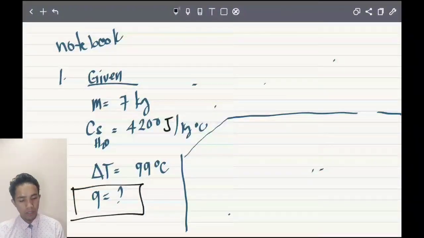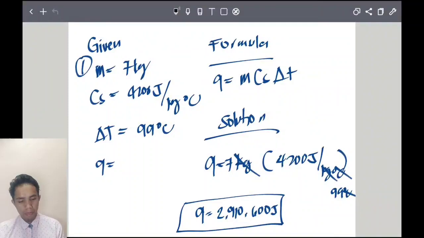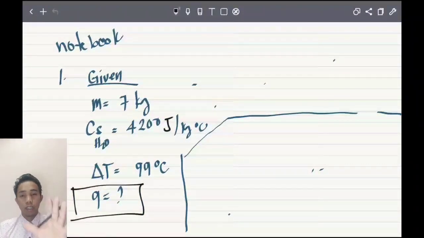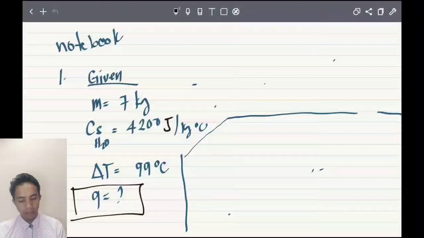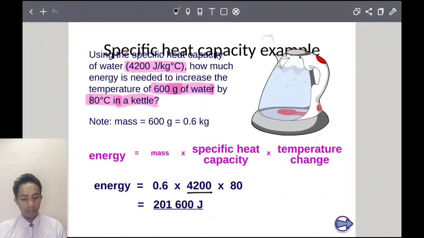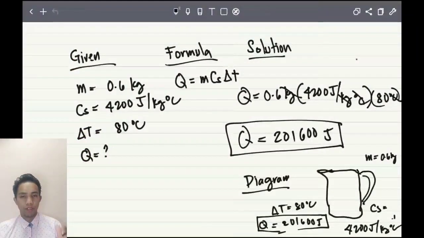Okay, try to answer this one. And then we have the answer here. Okay, so the teacher will give you worksheets to answer and exercises to remember all things about specific heat capacity. So let's watch some video also.